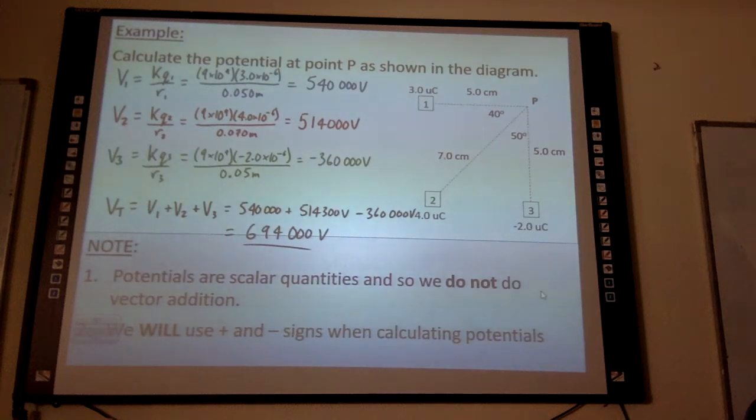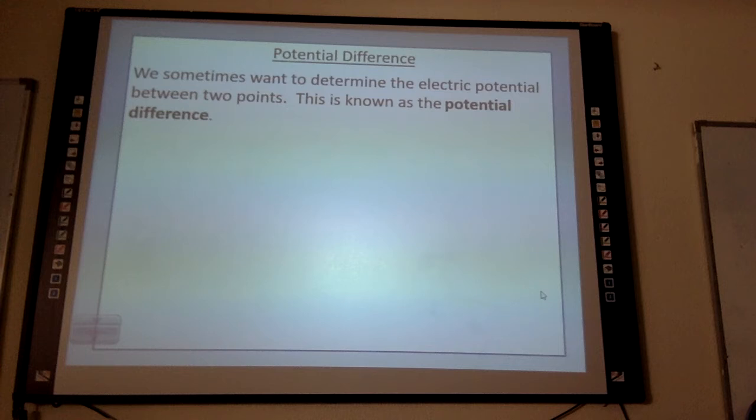Scalars, I put signs. Vectors, I need to add like vectors, so the direction matters. Scalars, they don't, because I'm just adding them as scalars, so I don't care about direction. I can come back to the slide if you need to write down numbers. It's not too bad.